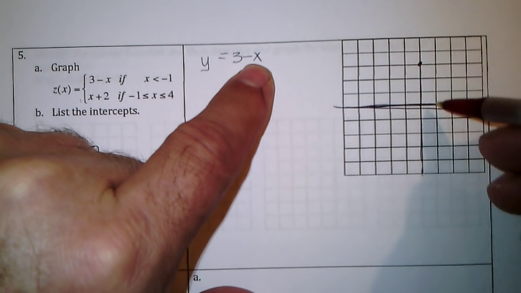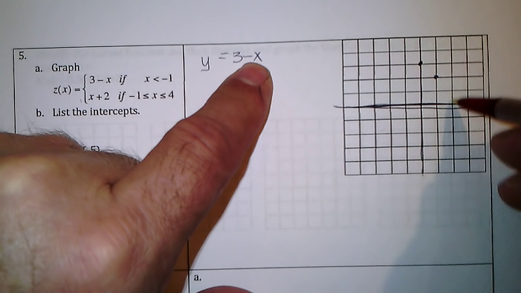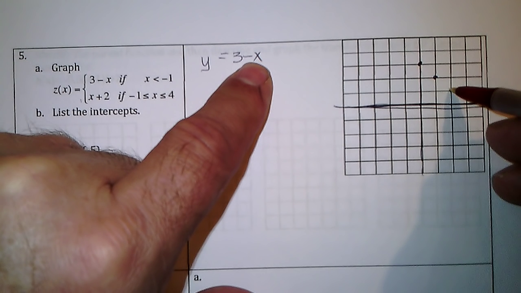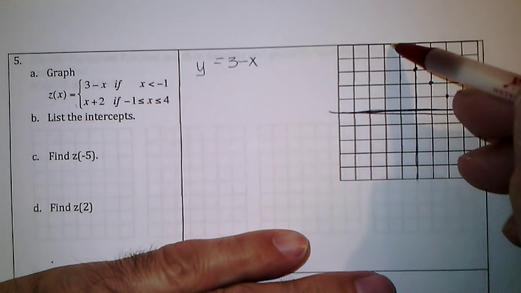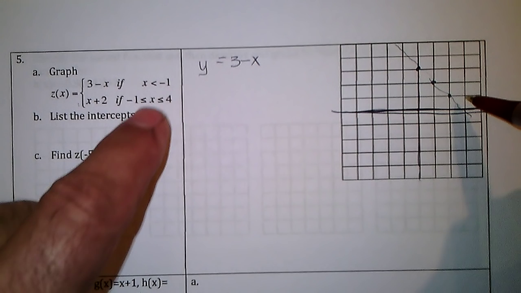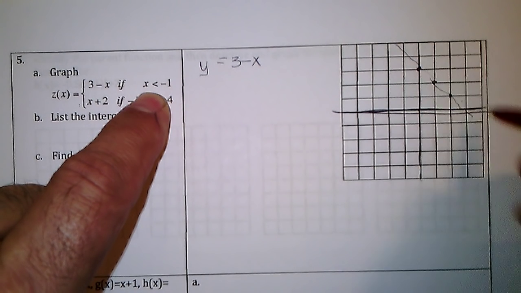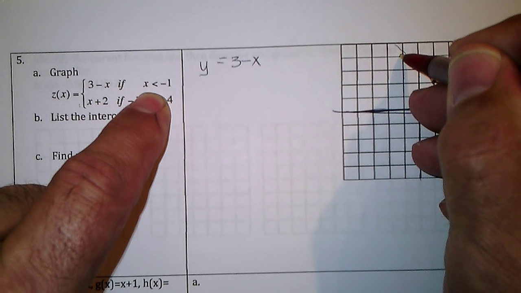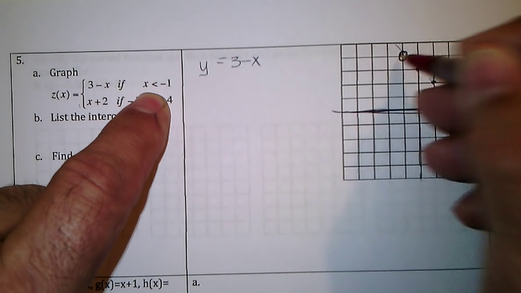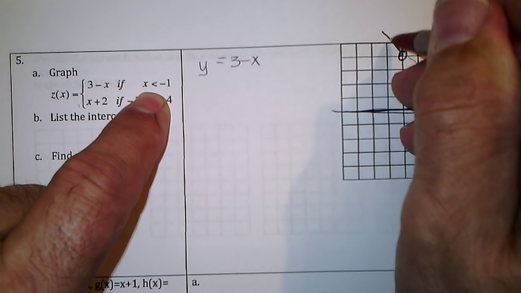If x is 1, we'd be 3 minus 1, we'd be at 2. And so this line's going like this, but I'm only supposed to draw it for x less than -1. So this starts not at -1 in the x, but for less than it. So it goes like that.